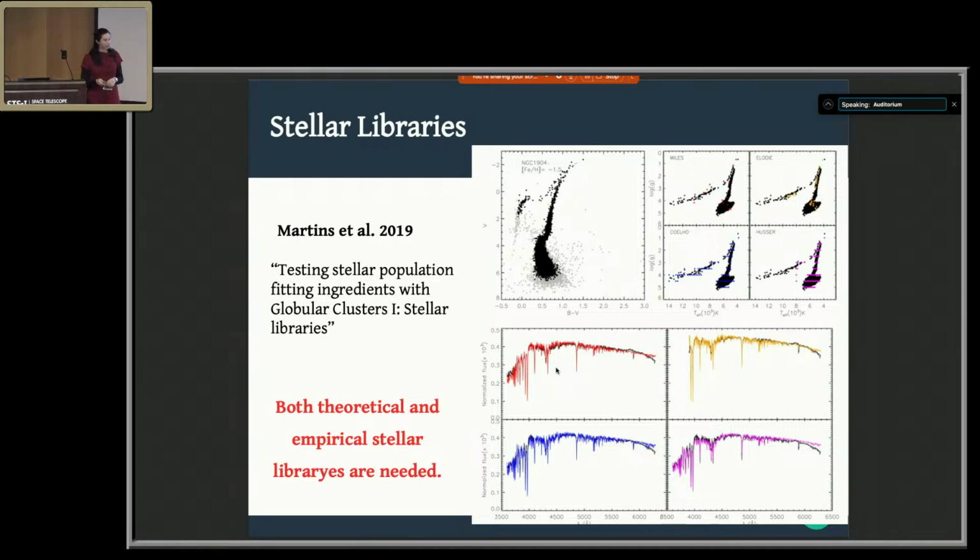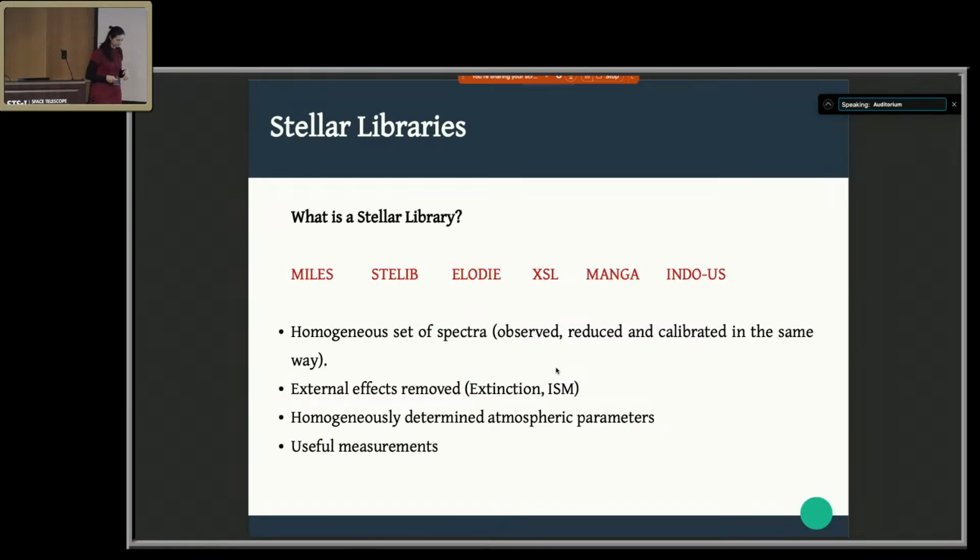Over the years, both have been worked on. We have many different sorts of stellar libraries for stellar population modeling available in the literature. Some of them are famous, the Ulysses library, Stalib, many of them, the new one, XSL. And what does it mean to build a spectral library for stellar population modeling?